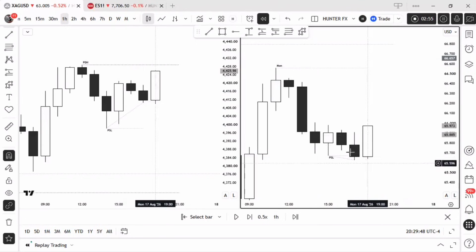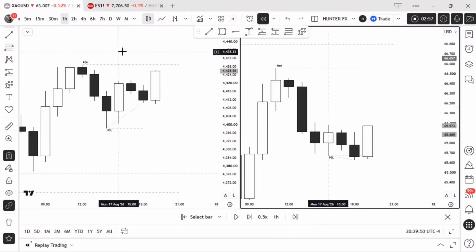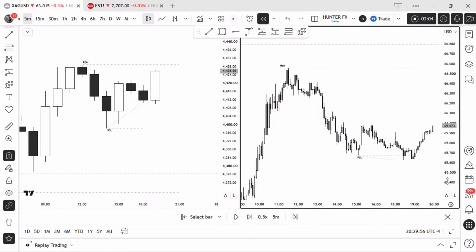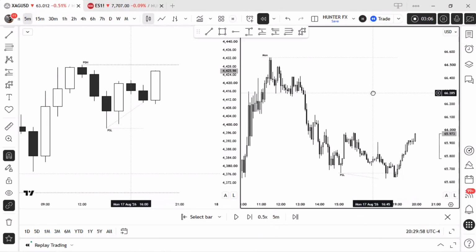Now, as it approaches the previous session low, let's dive into the 5 minute, because it's the time frame in coordination with that.